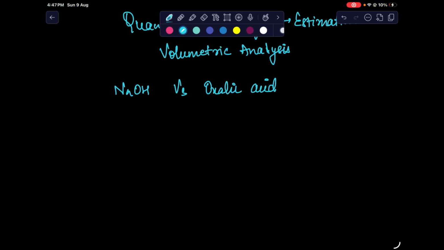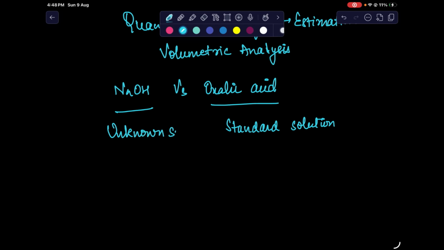But whenever we are titrating something, one solution's concentration would be known to us, and this is known as a standard solution, and the other solution's concentration we have to identify, or calculate, and that will be known as the unknown solution. So basically we will be performing a chemical reaction, and with the help of this chemical reaction we'll be finding out the concentration of one liquid, which is NaOH here.